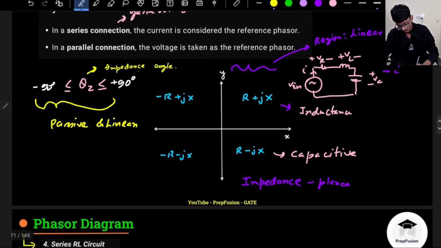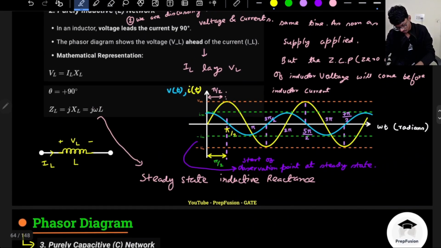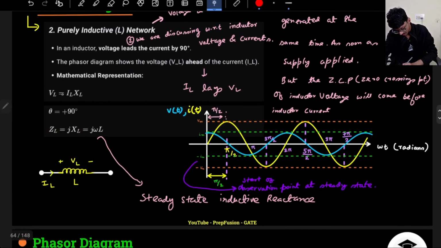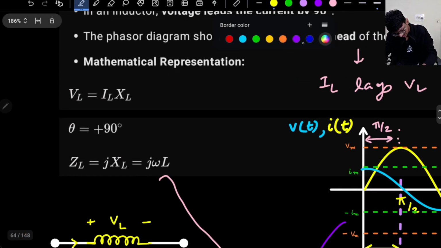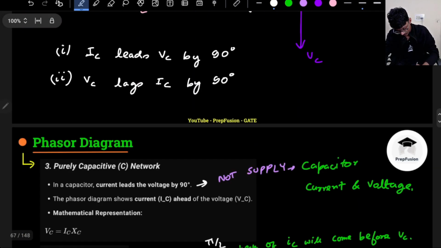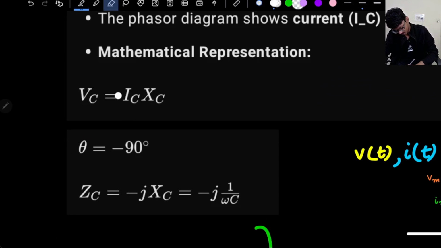This I have taught previously here. VL will be equal to I into jXL. Actually I should have written VL in phasor component, this will be j times XL, and here VC will be minus j times XC. Just be careful regarding this.